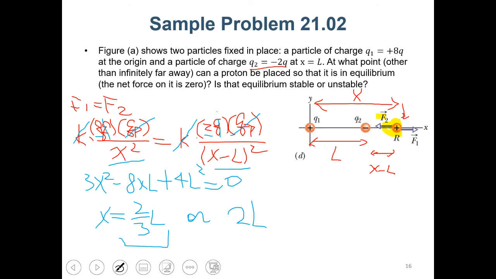Because if x is 2/3 times L, it is in between Q1 and Q2, which is not correct, because it means that this X minus L is negative. So we'll reject this one.